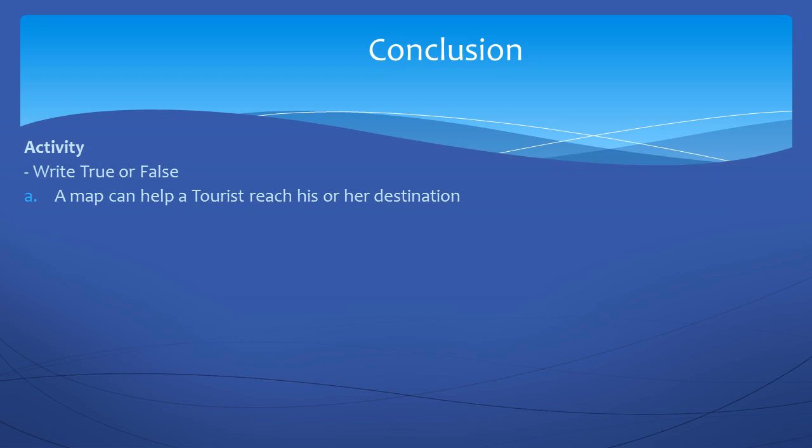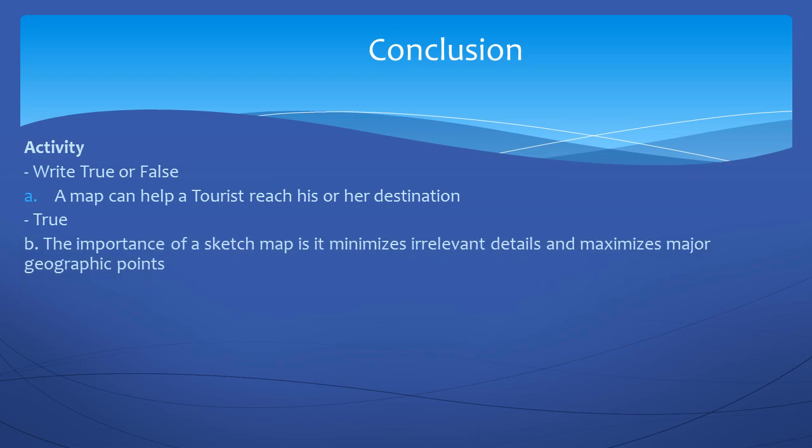What do you think of this statement? Okay, what is the answer? Yes, true, right? It's true that a map can help a tourist reach his or her destination. Okay, letter B. The importance of a sketch map is it minimizes irrelevant details and maximizes major geographic points.